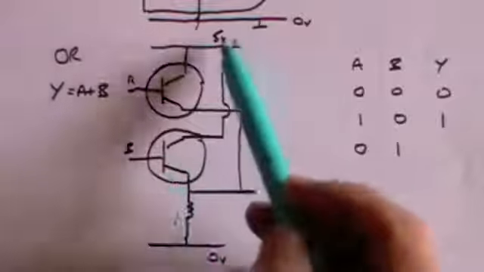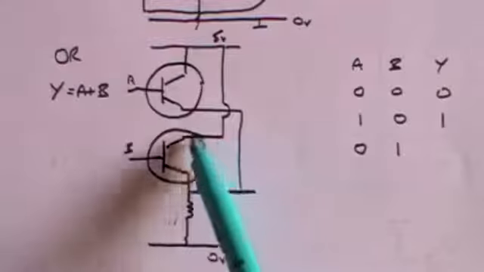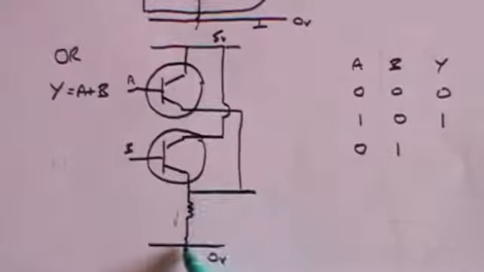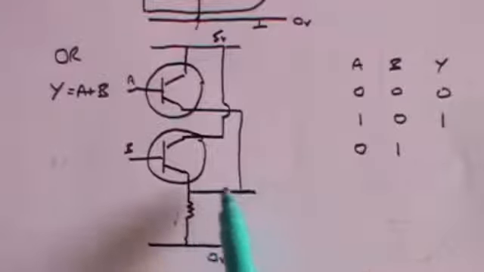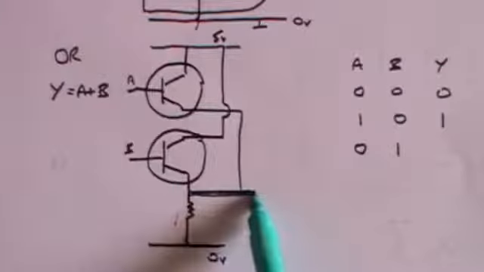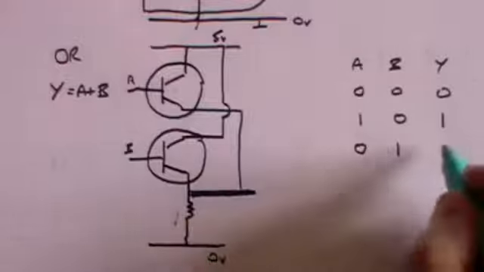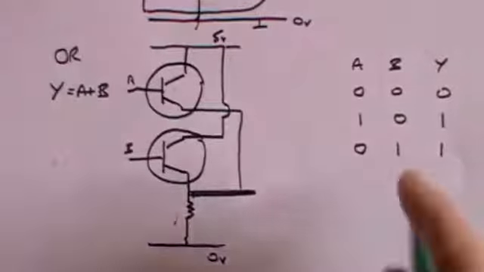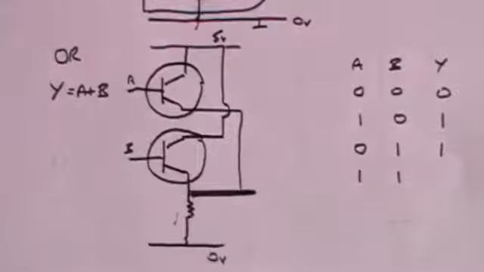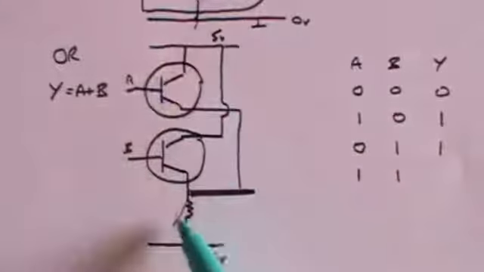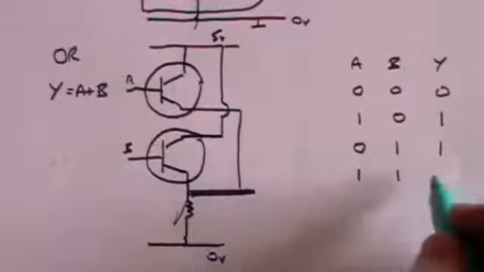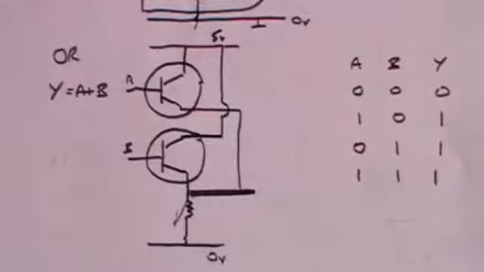But if B has a positive voltage, then the current can flow through the transistor and down here. The potential is dropped across this resistance, which means that the output here has a positive voltage. And obviously, if A and B both have positive voltages, then the current can flow both ways, and that means there'll be a positive voltage on the output.